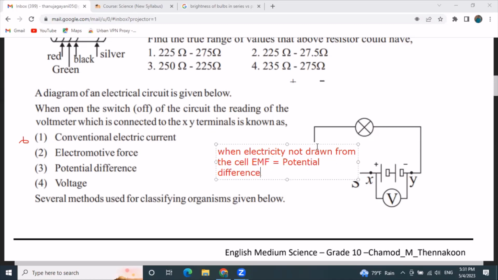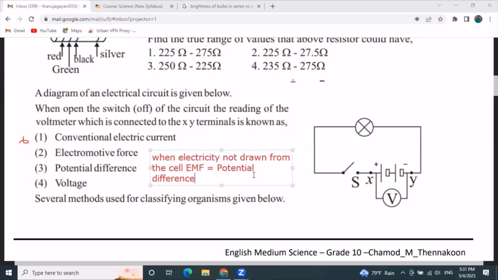Okay, we have to remember this point. So the answers electromotive force and potential difference are both correct.